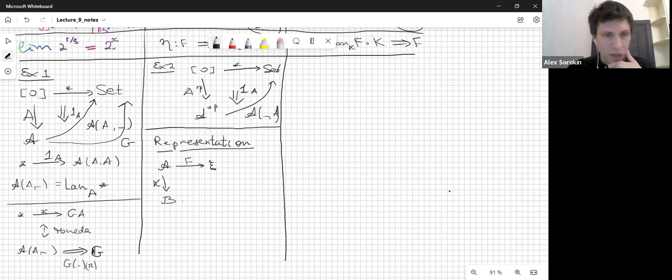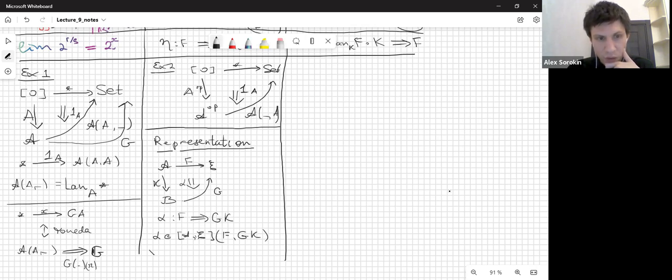Then, if here is functor G, and here is map alpha, then we have alpha going from F to GK. We can write this differently. Alpha belongs to the set of natural transformations in the functor category from A to E, from F to GK. Okay.